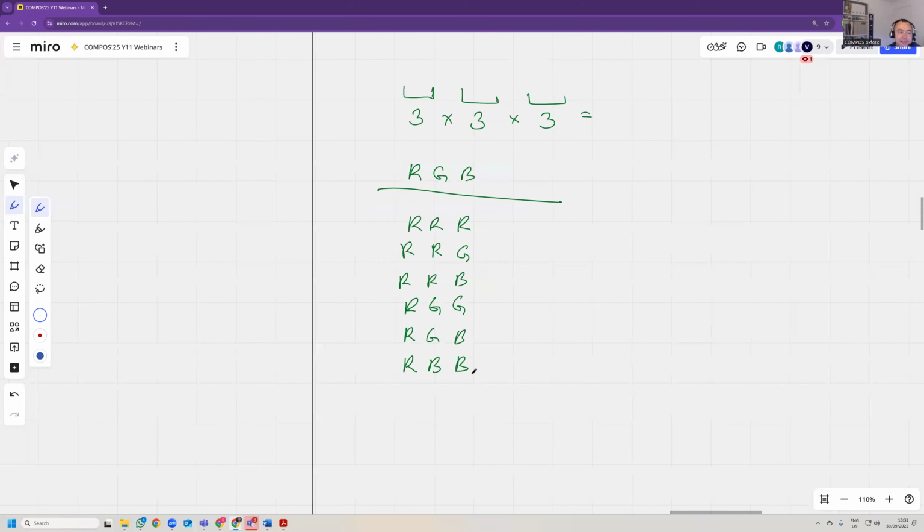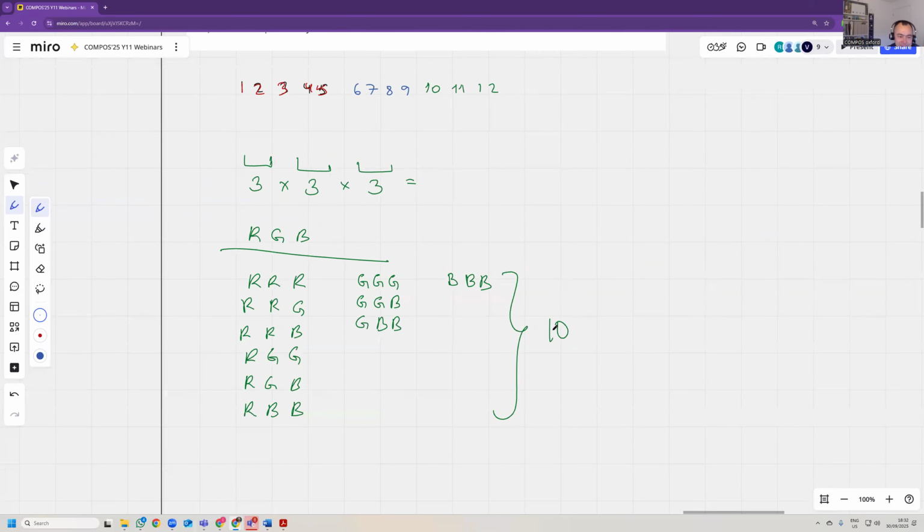Okay, so 6. Now if we start from green, it's green, green, green; green, green, blue; green, blue, blue. All the possibilities for red, green we already have. And finally we have blue, blue, blue. So 6, 9, 10. There are 10 outcomes.